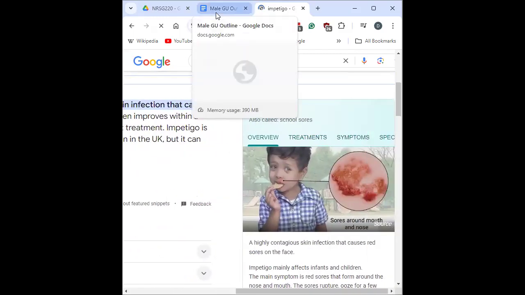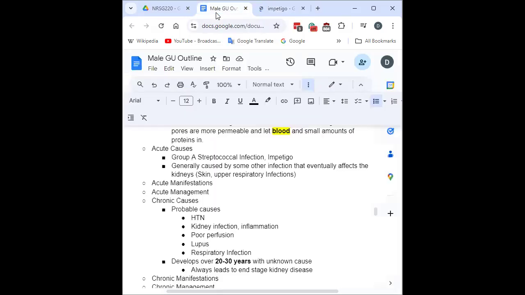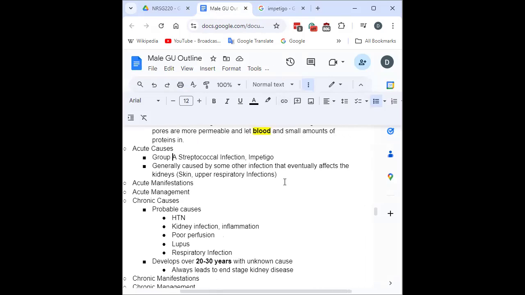Nephritic syndrome is something that I think is more common in children than anything. It's generally caused by some other infection that eventually causes kidney infection. So skin, it's mentioned here. That's what impetigo is. So this is your sores.